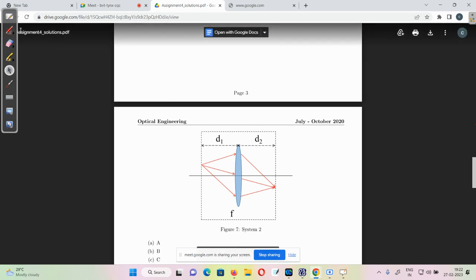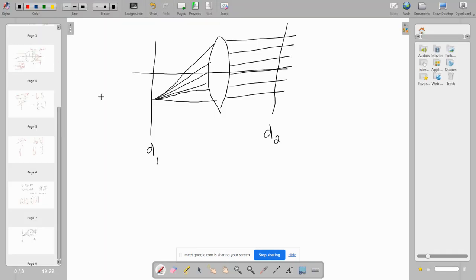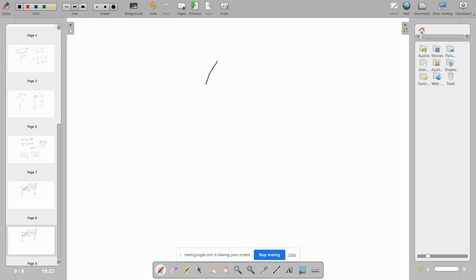You see, madam already taught this in the class. There is a lens or some system. I will not say it's a lens, it's a lens system or something.